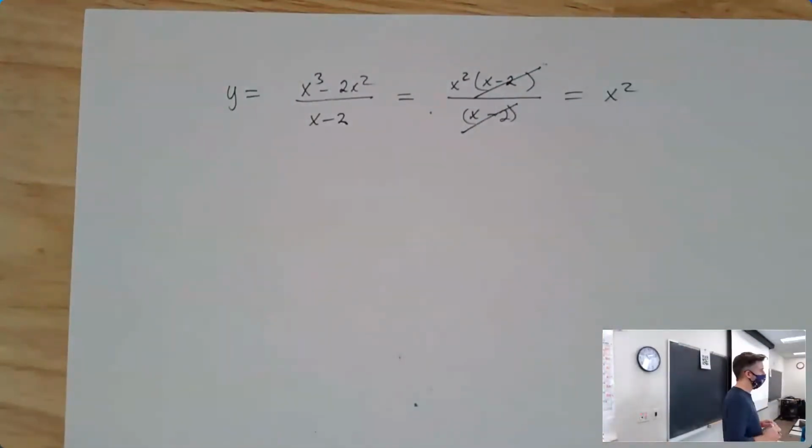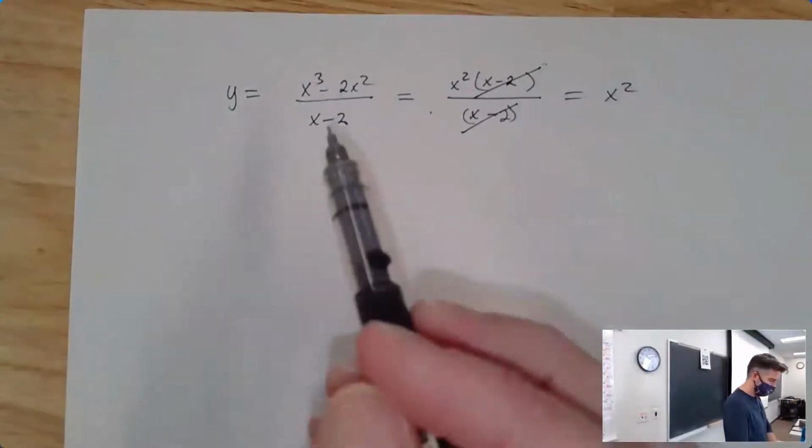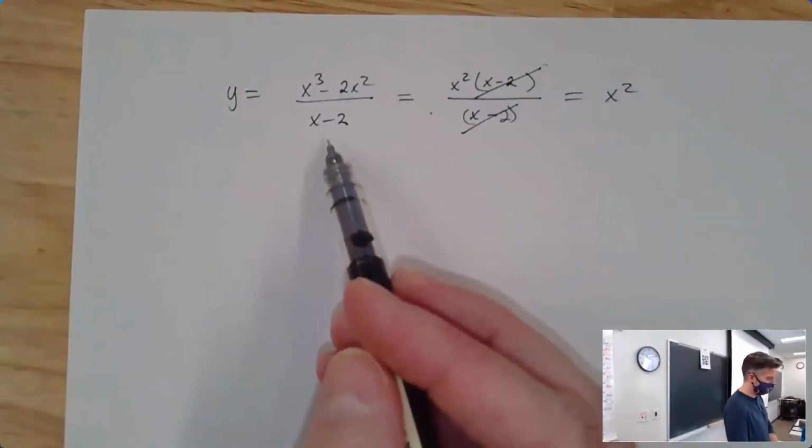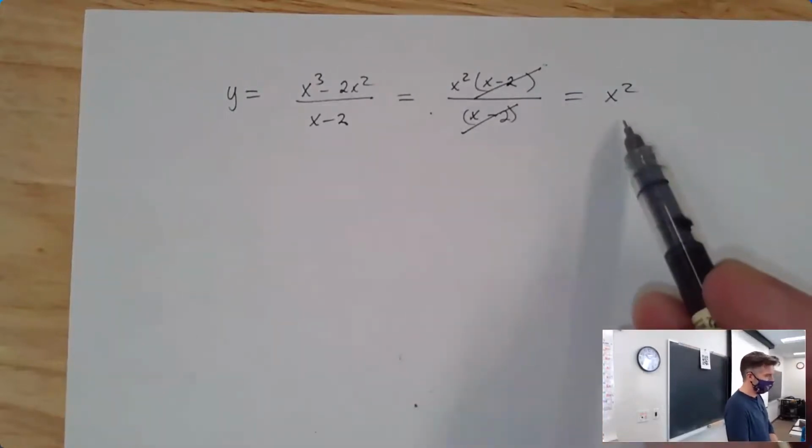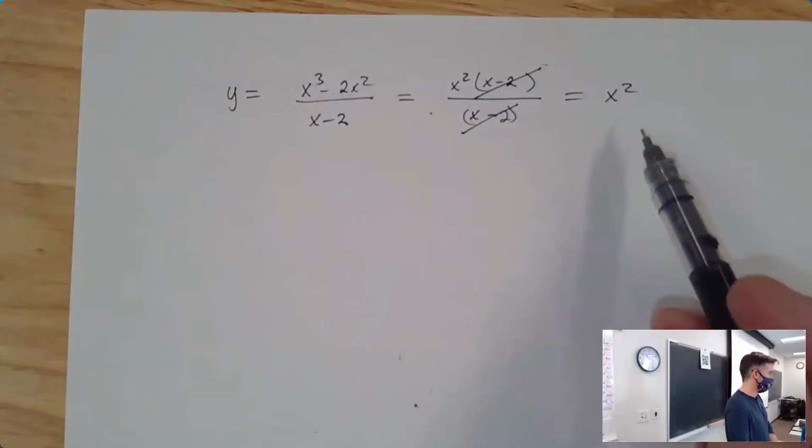So now here's the important question. Are these the same? Is this function x cubed minus 2x squared over x minus 2 and this function x squared the same? Well, almost all the time, yes, except at one point. 2.